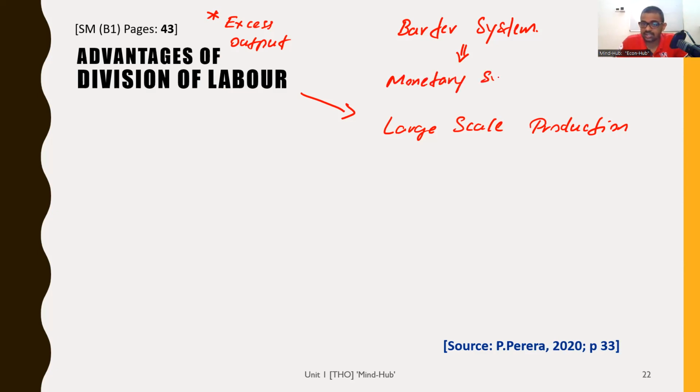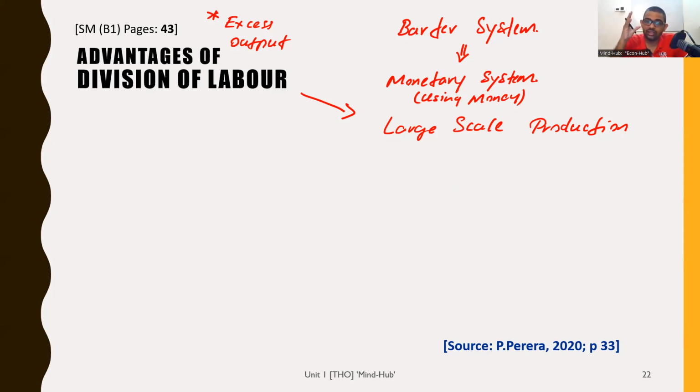What is a monetary system? A monetary system is where we start using money as a medium of exchange.